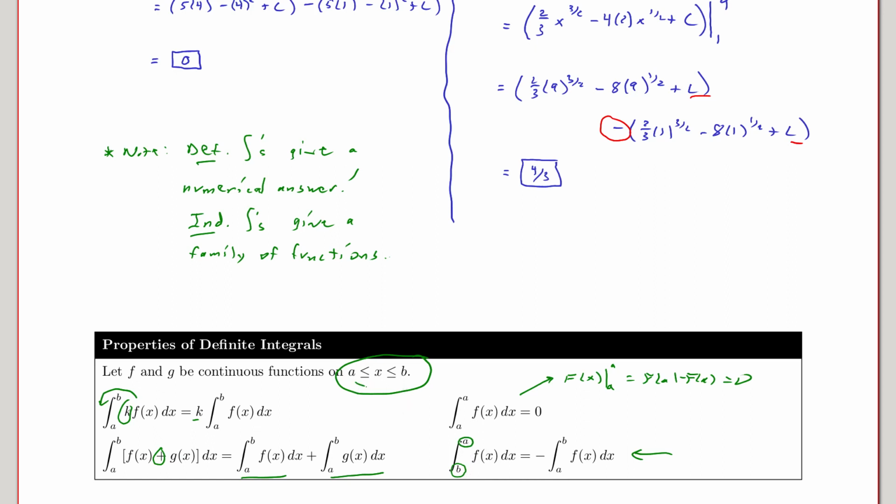You always have to go left to right along the axis. So the fix is you flip the limits so that they're in the correct position, and you multiply the integral by a negative sign. This could occur in substitution. So not a big deal yet, but there are times when that could show up.